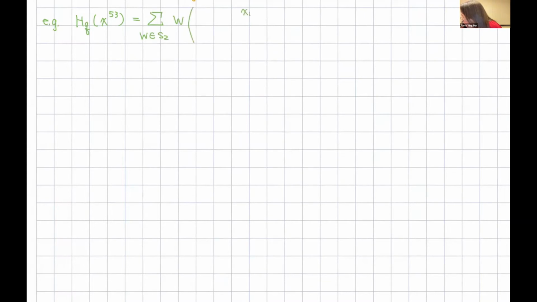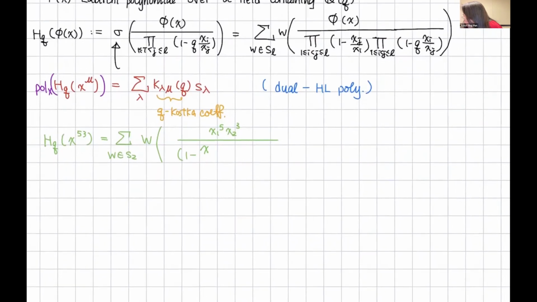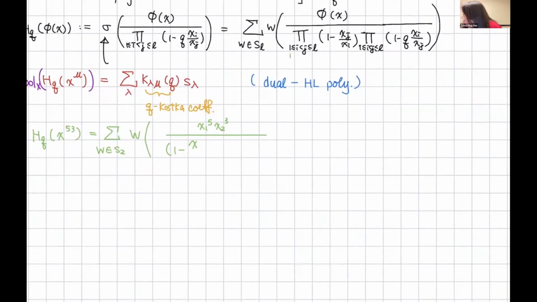So x1 to the power 5, x2 cubed, and then we have 1 minus x. So remember this guy, so let me just put it here, okay? Because it's 1 and 2, my i has only one choice, which is 1. My j has only one choice, which is 2. So that's great.